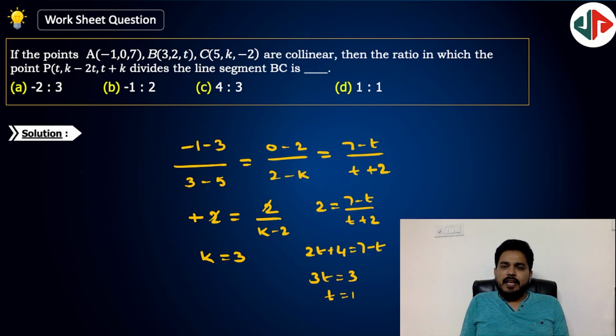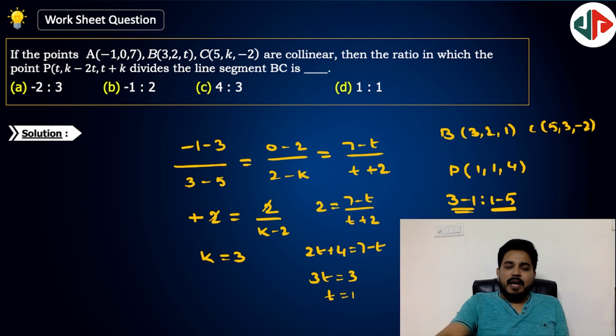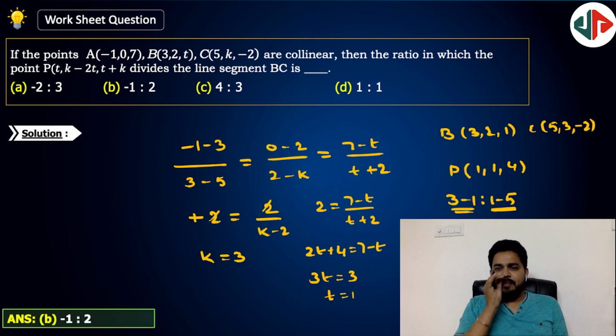So the point B is now 3 comma 2 comma 1 and C is 5 comma 3 comma minus 2, and the point P is 1 comma k, which is 3, minus 2 is 1, t plus 4. In which ratio is it divided? It's simply 3 minus 1 is to 1 minus 5. So this is 2 is to minus 4. That means minus 1 is to 2 is the answer.